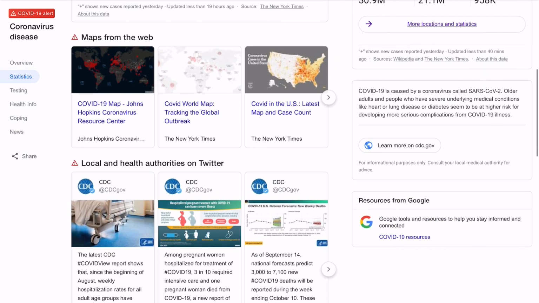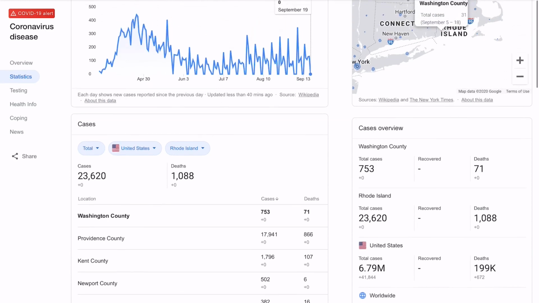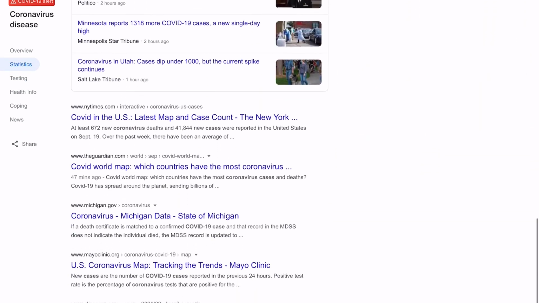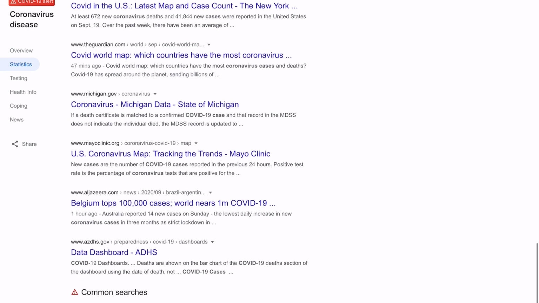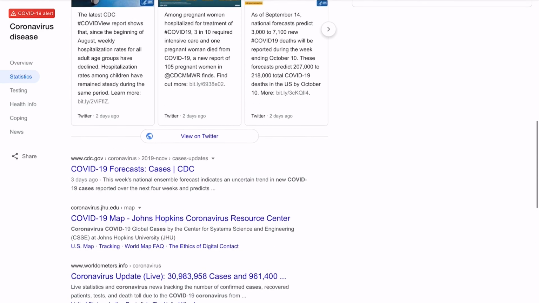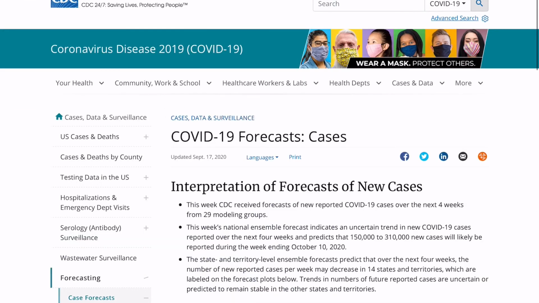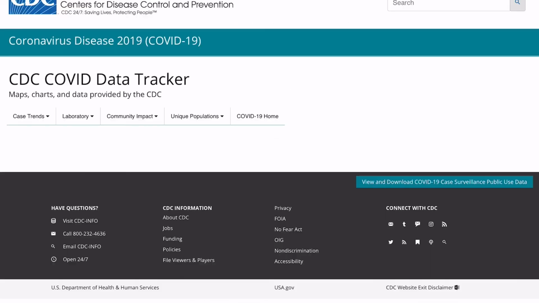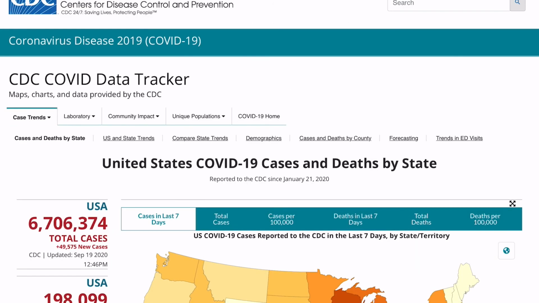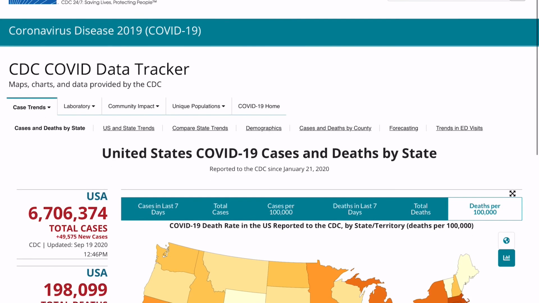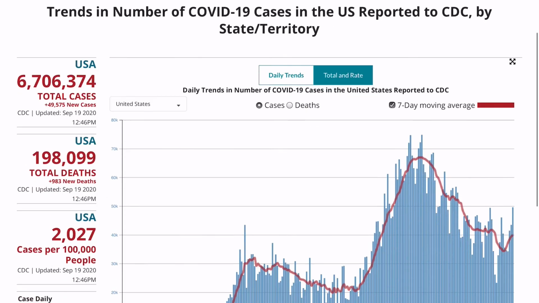Let's look for a graph here. U.S. trends. Here we are.